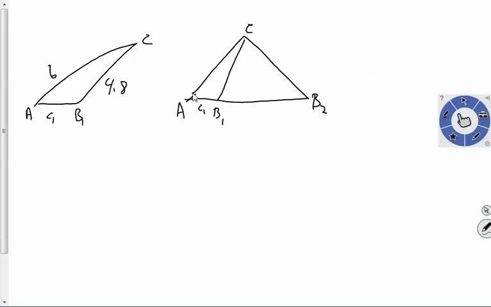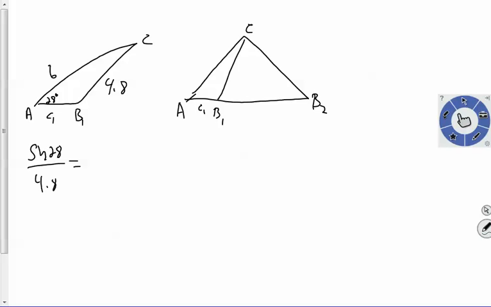So let's figure this out. This triangle right here is 28. So let's figure out sine of 28 degrees over 4.8 equals... Okay, so we got those two triangles.